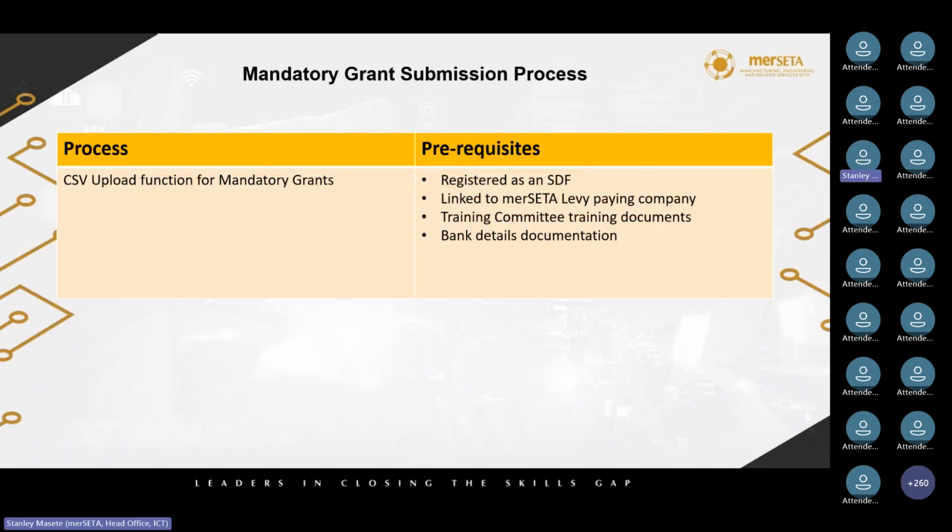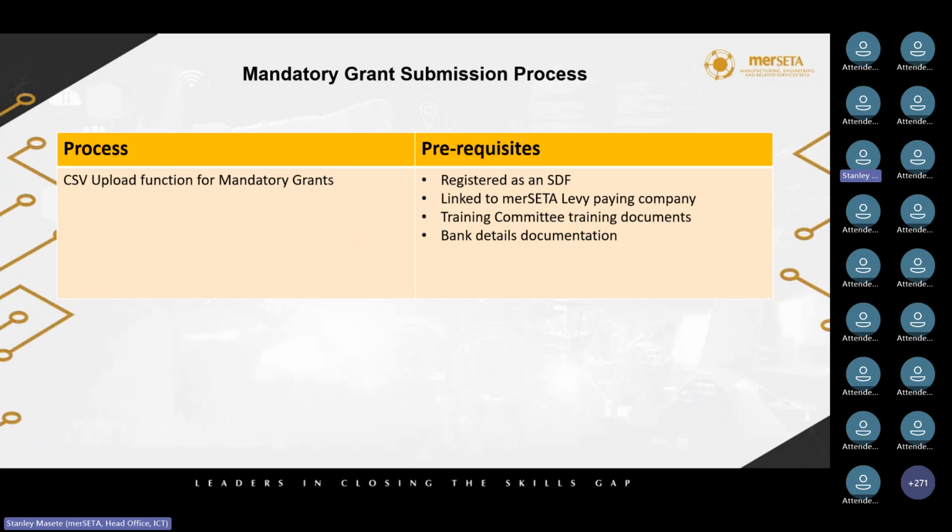Today, we are going to be looking at the CSV upload function, particularly around the mandatory grant submission process, where one of my colleagues will take you through those functions. And the prerequisites are pretty much straightforward or standard. You need to be registered as an SDF on the NSDMS. Your profile is also active on the NSDMS.